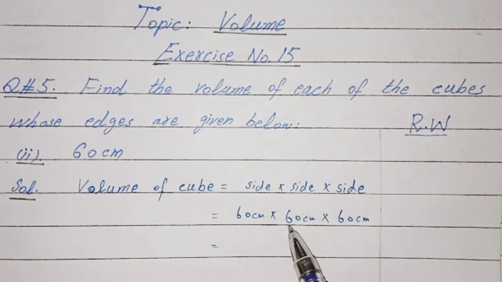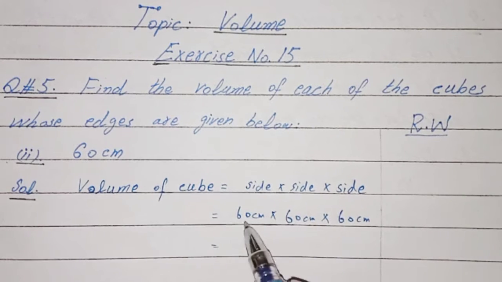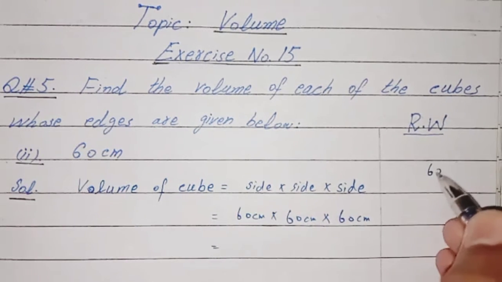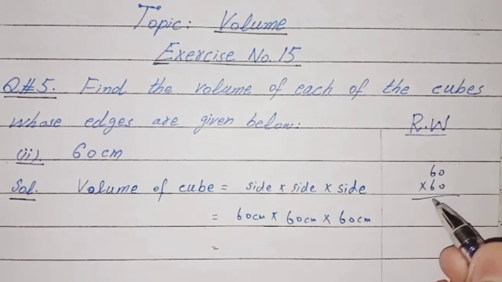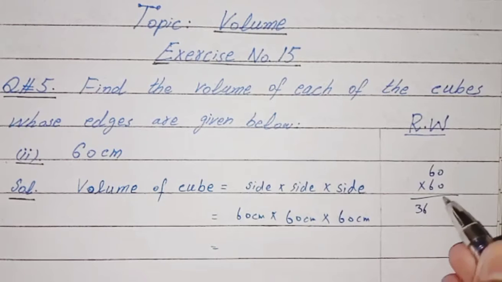60 multiply 60, 6 6s are 36. We can multiply, so simply that will be equal to 3600.